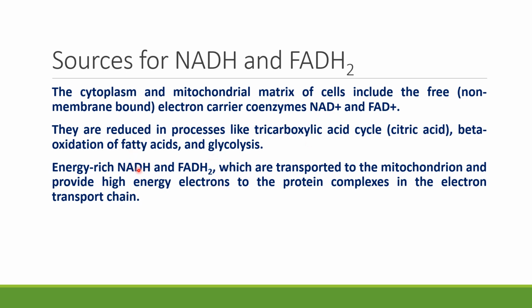NADH and FADH2 are the energy rich forms of these electron carrier coenzymes, and these are transported to the mitochondria, and they provide high energy electrons to the protein complexes present in the inner mitochondrial membrane as a part of the electron transport chain.